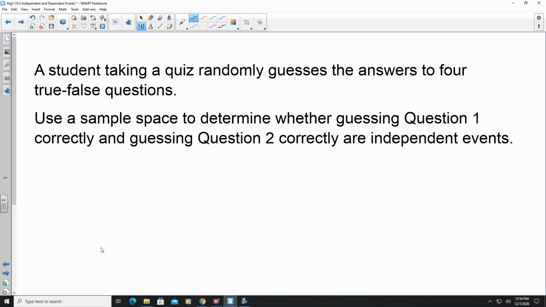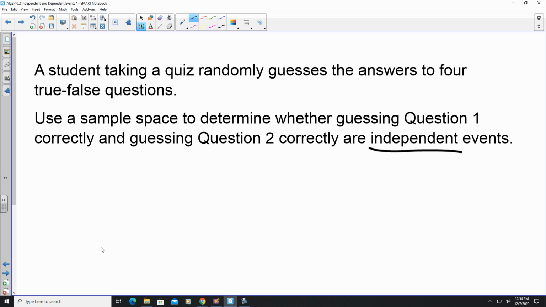Use the sample space to determine whether guessing question 1 correctly and guessing number 2 correctly are independent events. They are independent events because getting question 1 right has nothing to do with getting question 2 right at all.